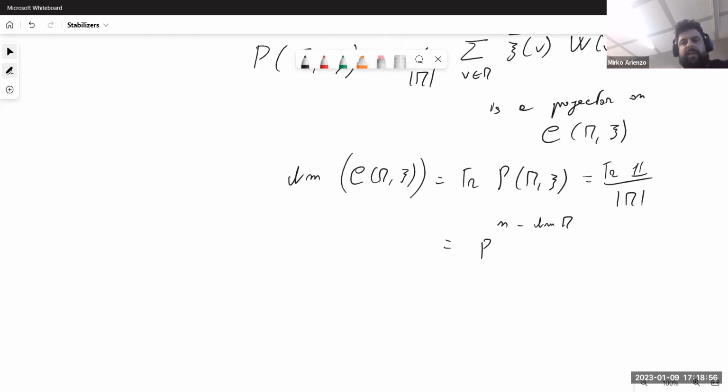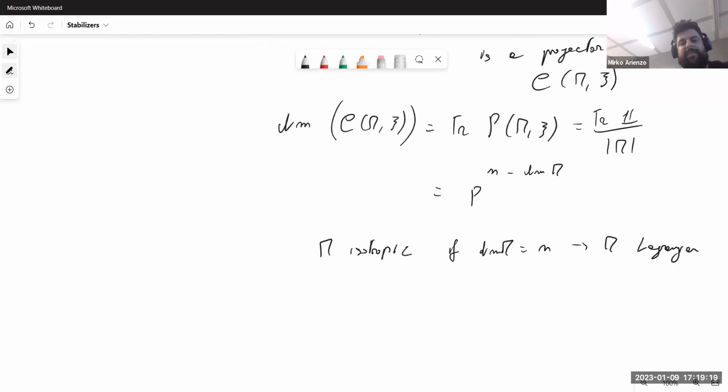To remind you of the Lagrangian condition: M is isotropic, and if the dimension of M equals N, then M is Lagrangian. The canonical example is, for example, only the position subspace, so just V Z1, up to V ZN, and then all zeros.